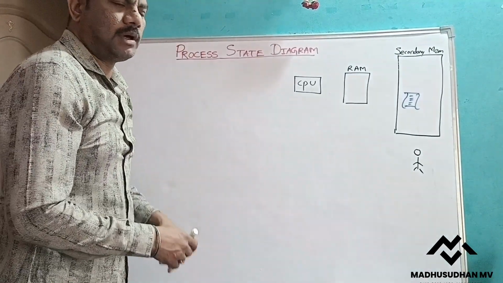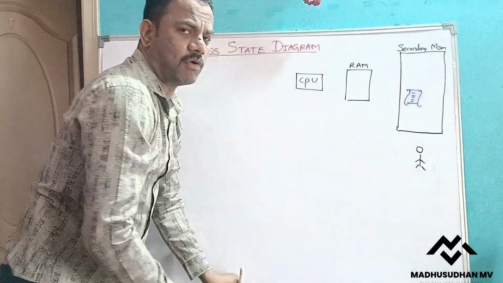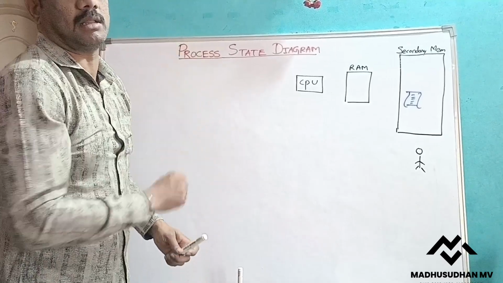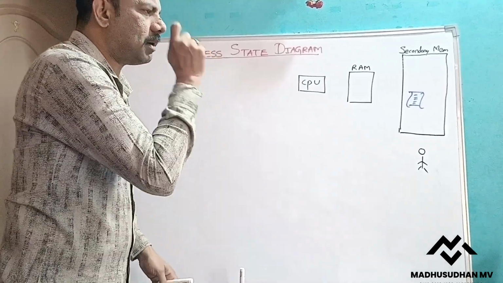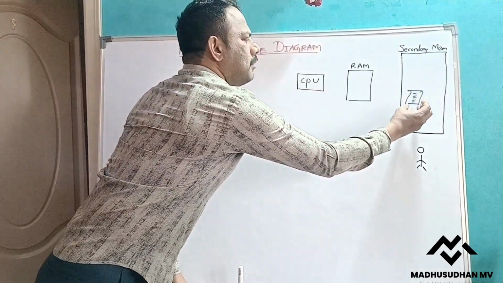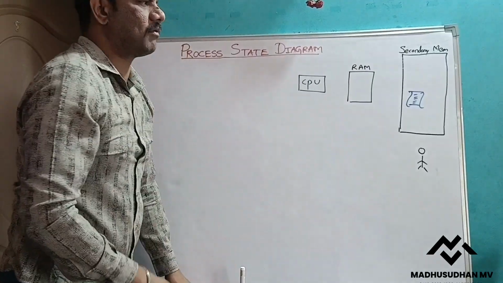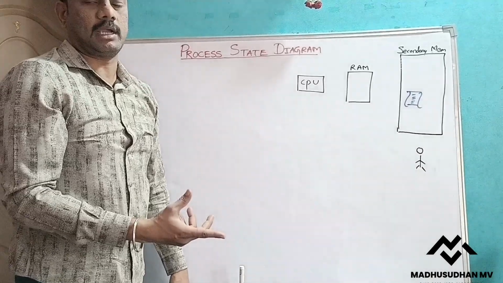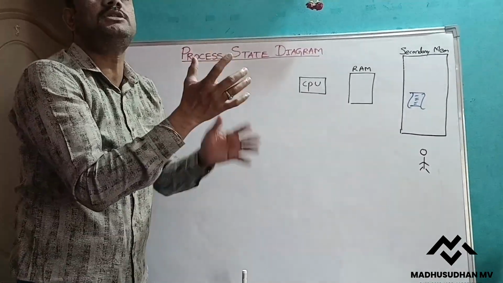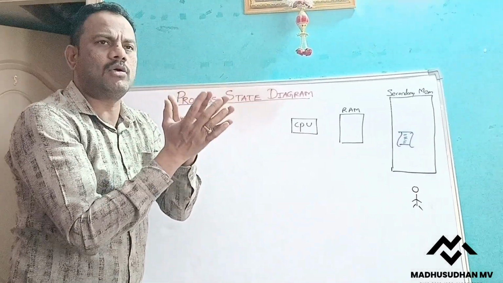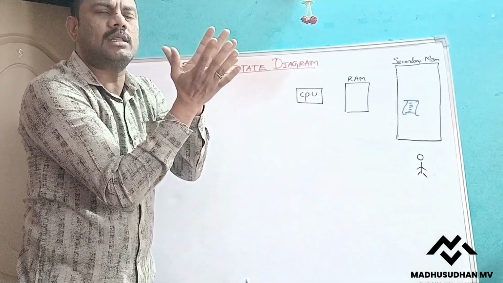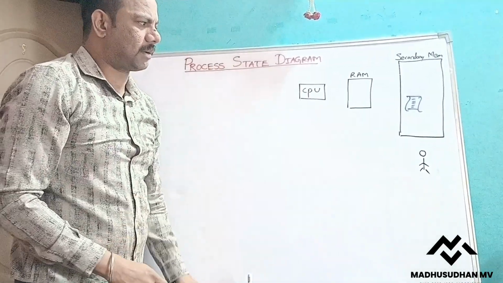Now whenever we want to execute that, generally we double click on it in Windows. The program we wrote using some high level language has to get converted into machine level language. That means many object files will be created, and all those object files are linked together into a single executable file.